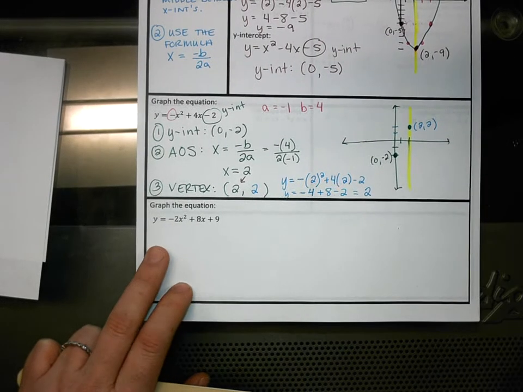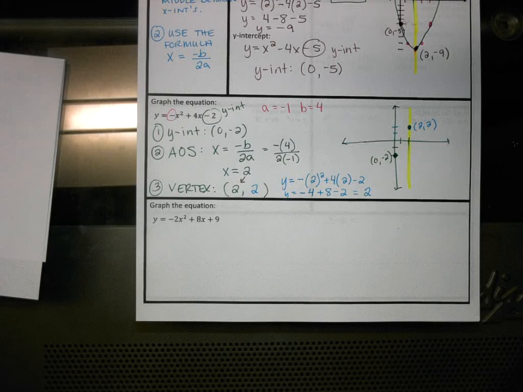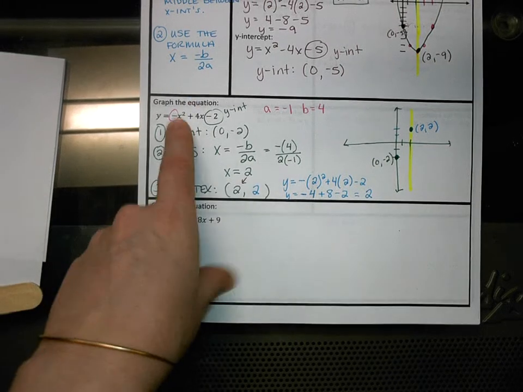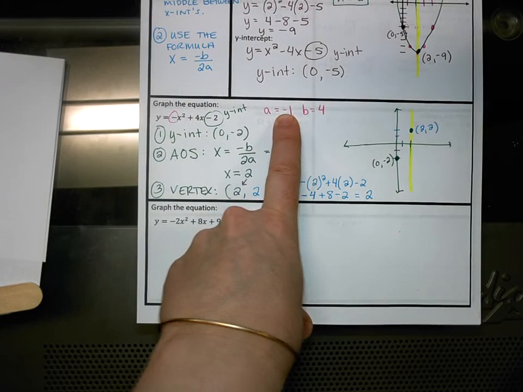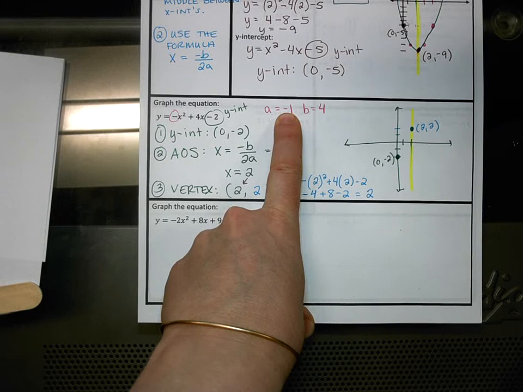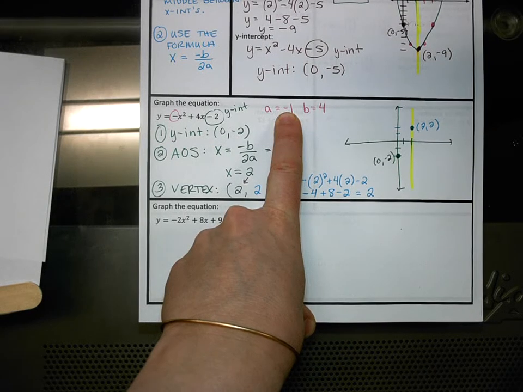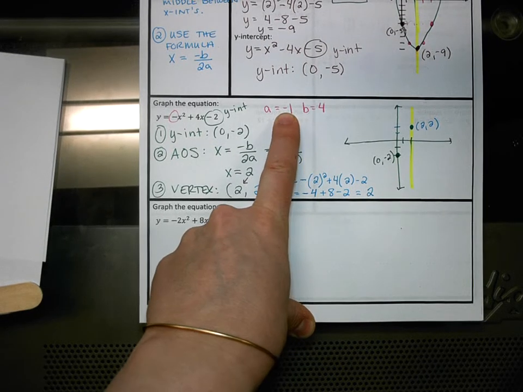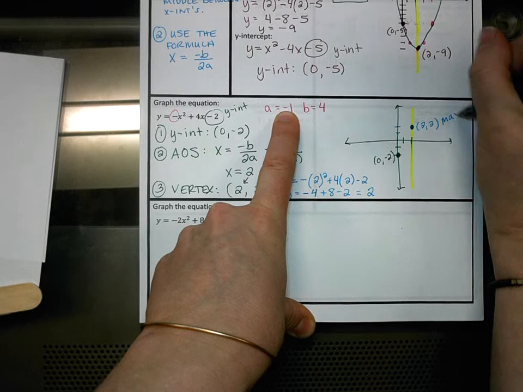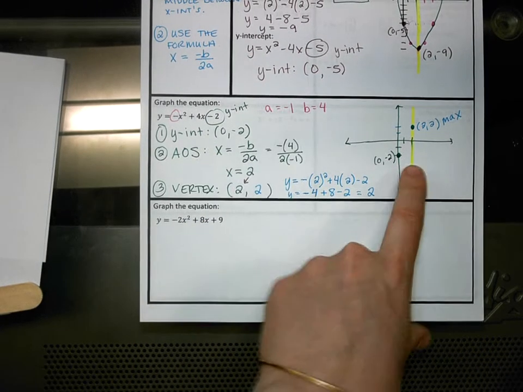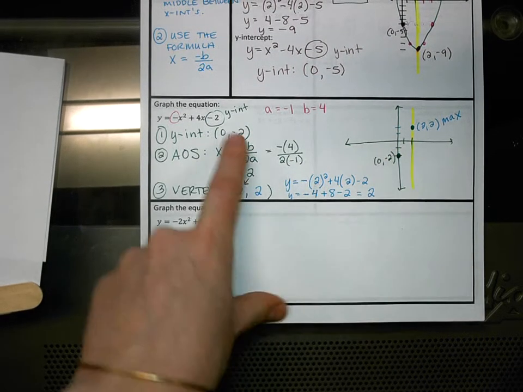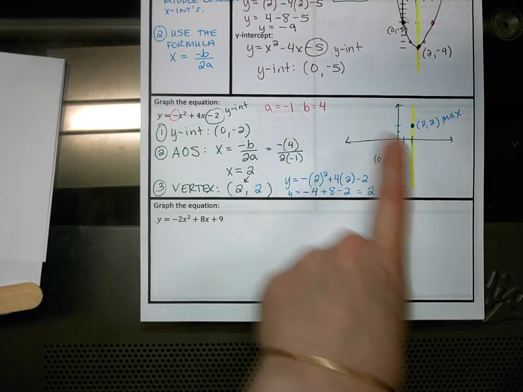You can probably start to see which direction this is going to open, but you already know because of your a value. If I have a negative a value, which way do we open? Down. Negative means we open down. This will be a maximum. My third point you can get from using your a value.